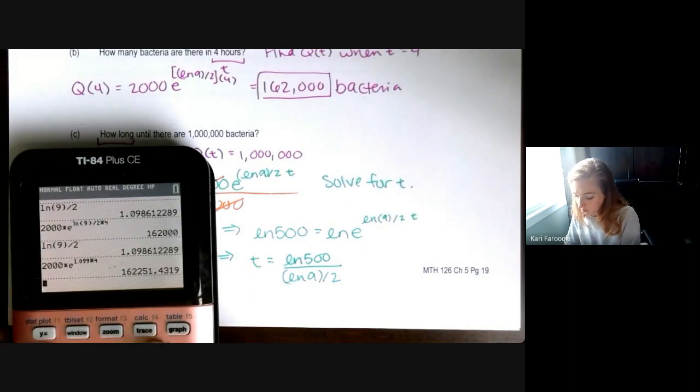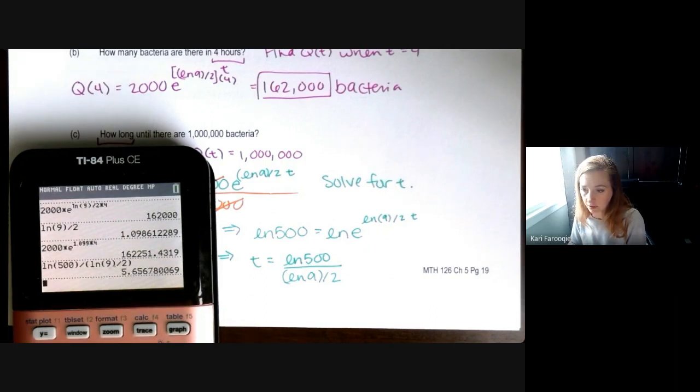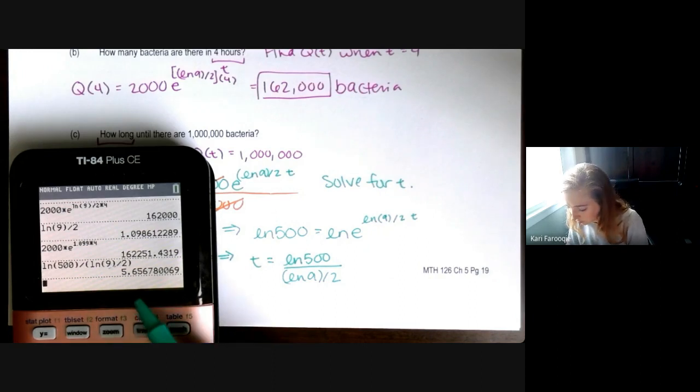All right, ln 500 divided by, and then I'll just put this whole thing in the denominator, ln 9, close the parenthesis, divided by 2, close your denominator. And you should have about 5.657. Let's use 2 decimal places, and we'll just say 5.66.